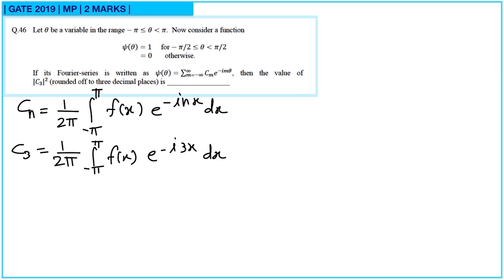Now the function is equal to 1 in this range. So 1 upon 2 pi integral from minus pi by 2 to pi by 2 of 1 into e raised to minus i 3x dx, because only in that range the function has value equal to 1. Otherwise it is 0.